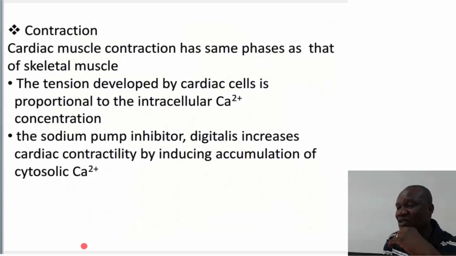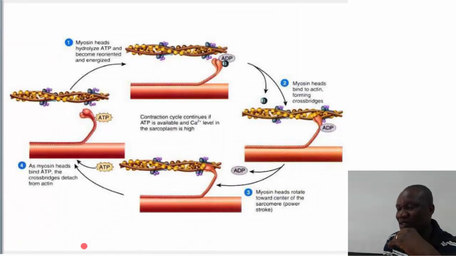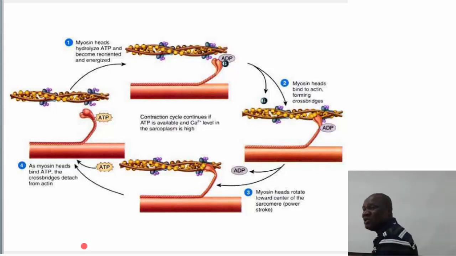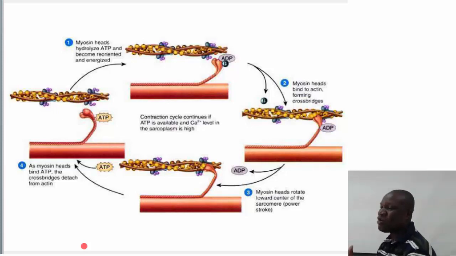Now, the calcium that is released, we know will bind to troponin C. The troponin complex will undergo a conformational change to shift the tropomyosin, just like in the skeletal muscle. And the myosin binding site on actin will be exposed. Next, we'll have our cross-bridge cycling, where ATP will bind to the myosin head. It's hydrolyzed into ADP and inorganic phosphate.